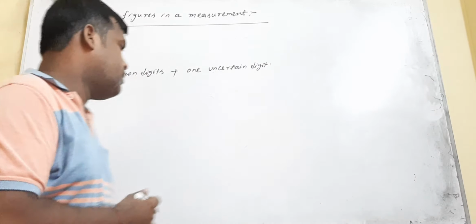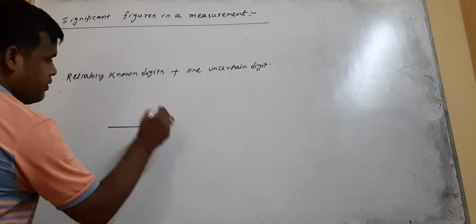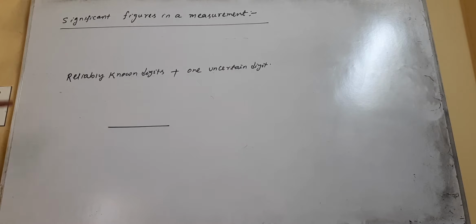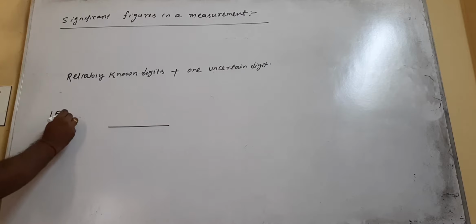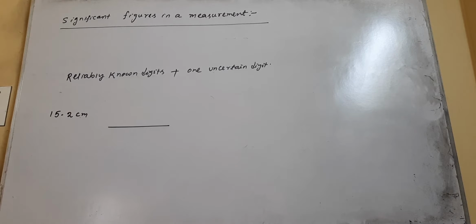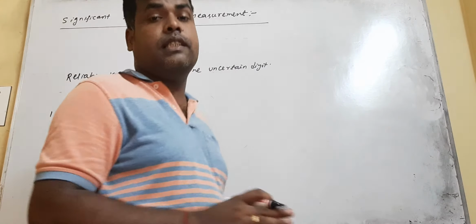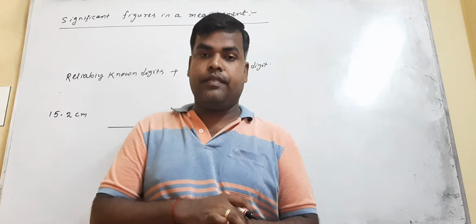For example, if you are asked to measure the length of this line, if you measure it as 15.2 centimeter, here you see 3 digits come. Upon which digits do you have the confidence and upon which digits do you not have confidence? That means which digits are certain digits and which digits are uncertain digits.